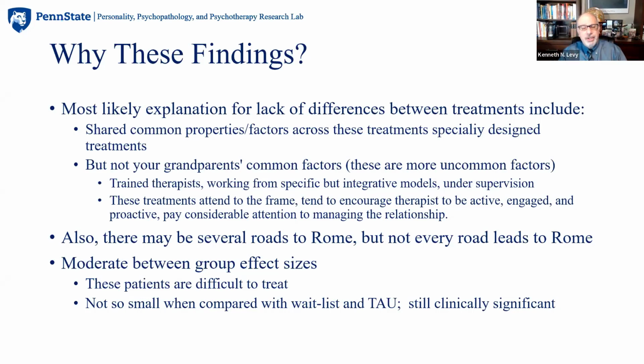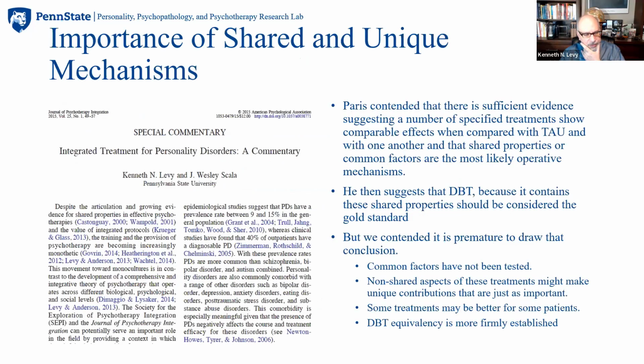They all encourage the therapist to be active, engaged and proactive, and they pay a lot of attention to managing the relationship, not simply developing a quote unquote good alliance, but recognizing that the relationship will be variable and that one needs to be responsive to ruptures that may occur and that they're inevitable. We made such an argument in a conceptual paper in 2015.